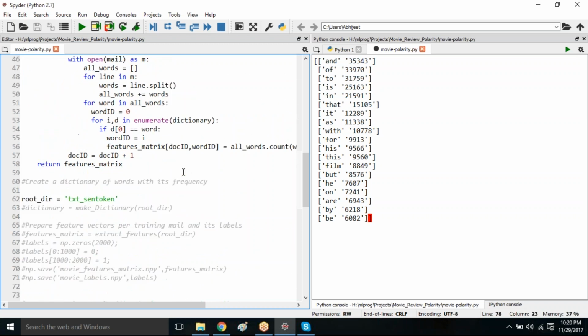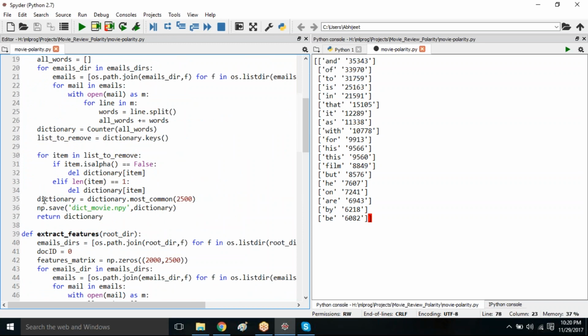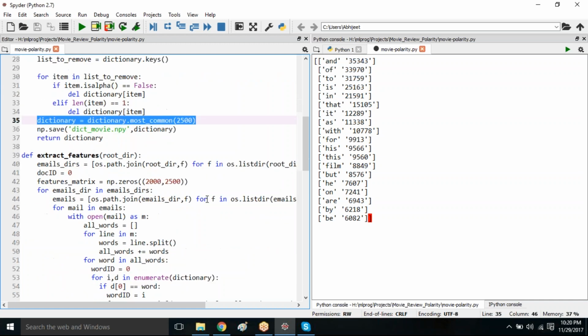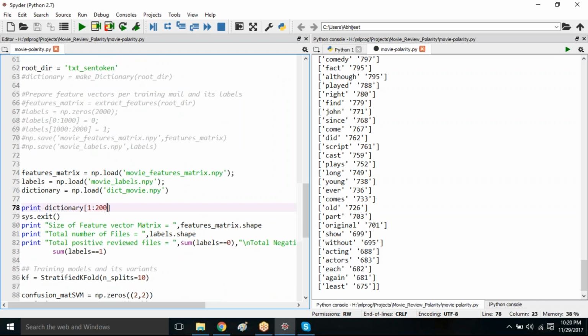Let me tell you, this dictionary will have, as I have chosen here, 2500. So whatever words you have collected, the most frequent 2500 will be retained. You see, if I do it 200, can you see this?